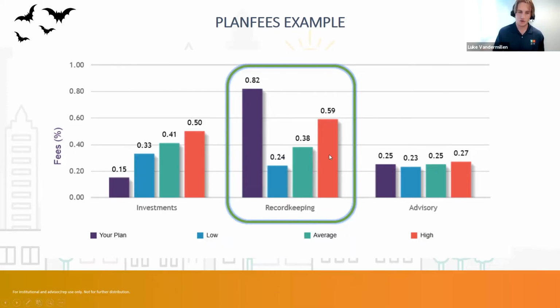So as an advisor, if we just ran this benchmarking report, this is something that's going to catch our eye right away, and something that we want to make sure that the plan sponsor is aware of, to say, hey, we ran an independent benchmarking study on your plan, and we noticed that your record keeping charge is way out of the ballpark of what we normally see for plans of this size. So you can see here how this report can help put fee reasonableness in context for the plan sponsor based on their actual plan size. So they're not looking at guidelines for a $10 million plan if they're only a $2 million plan. You're creating a custom benchmark that fits this plan specifically.